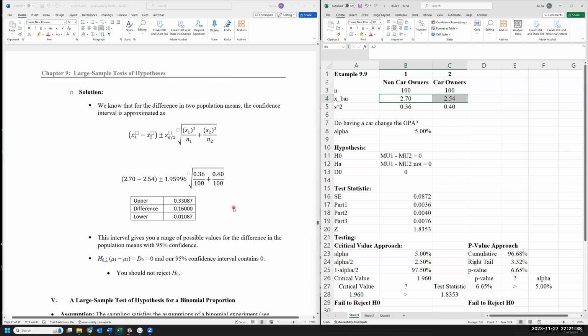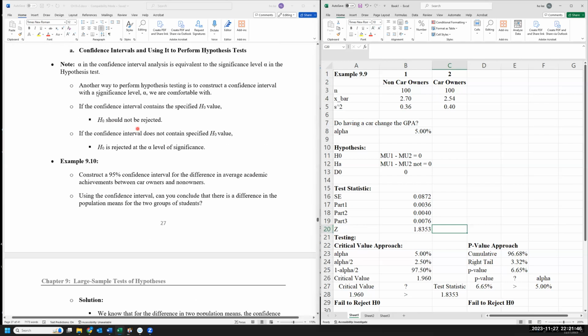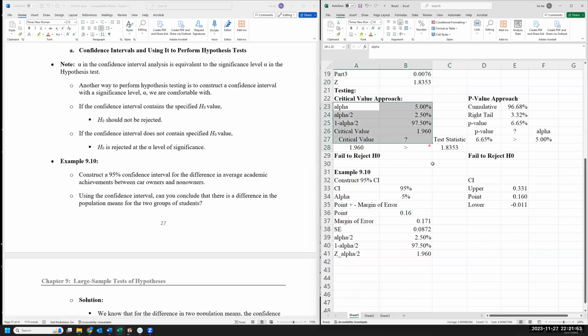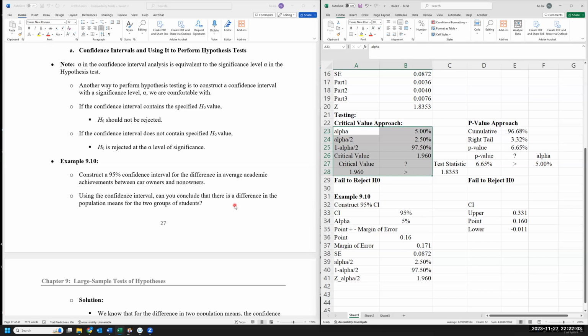So we fail to reject H naught. Okay? And that's how you use the confidence interval to perform hypothesis testing. It's basically the same thing as the critical value approach, but presenting the information slightly differently.